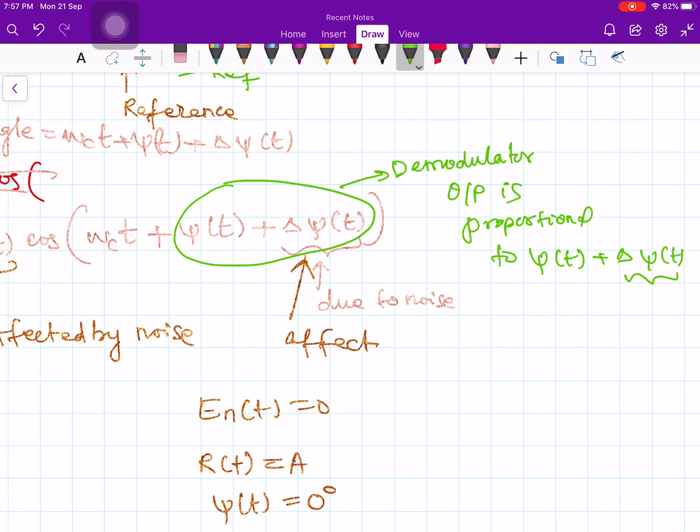So the effect of noise will be obtained by considering the effect of noise on psi of t. So psi of t is what you should not have got, which you are getting because of the noise. And that you can see from the phasor diagram.